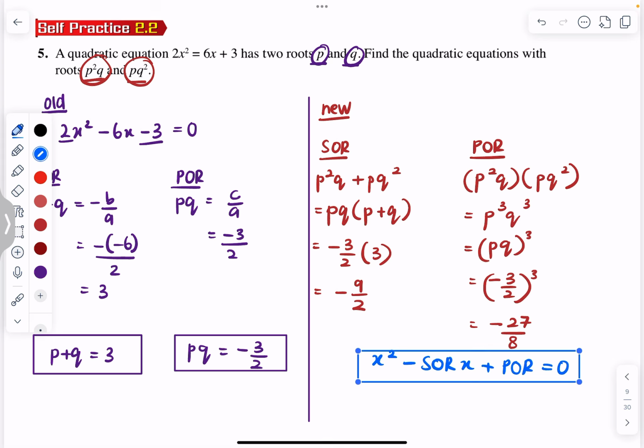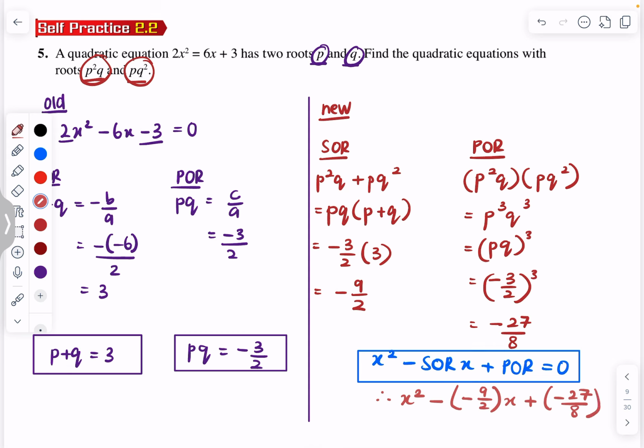So we have to put it inside this equation now. Okay. So let's sub it in. We'll get x squared minus negative 9 over 2 x plus negative 27 over 8 equals 0.